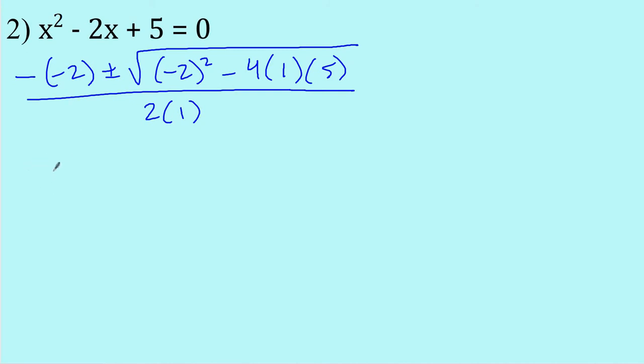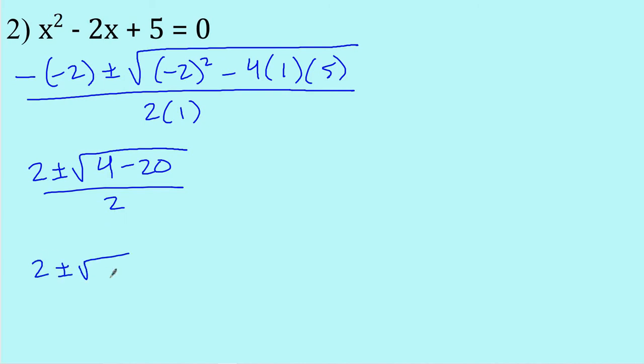We get 2 plus or minus the square root of 4 minus 20 all over 2. Then we get 2 plus or minus the square root of negative 16. All right, well, we can simplify that radical and get 4i all over 2.